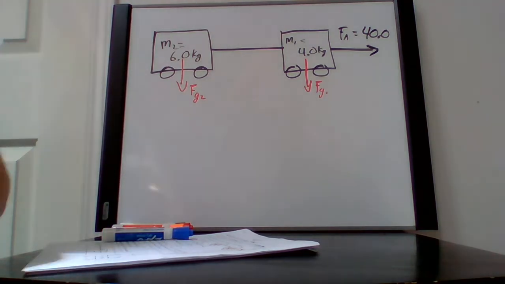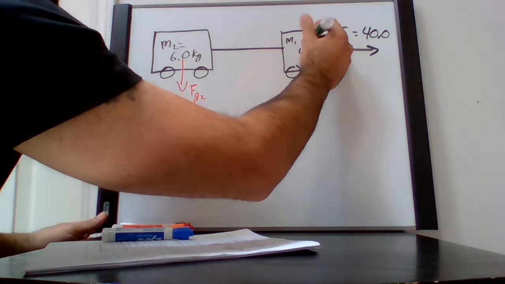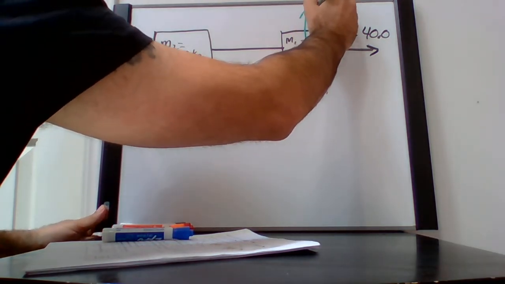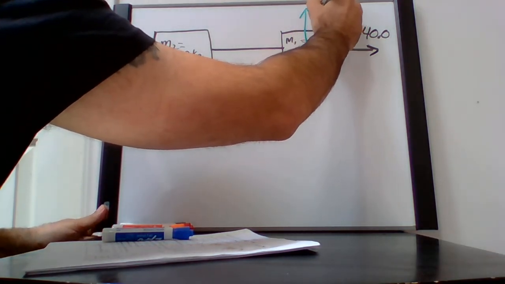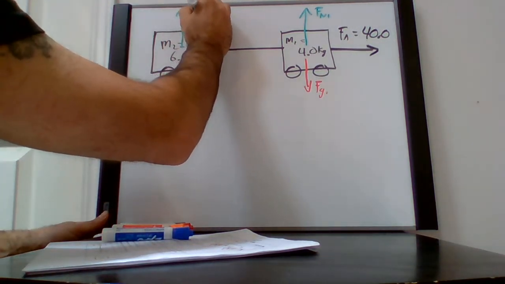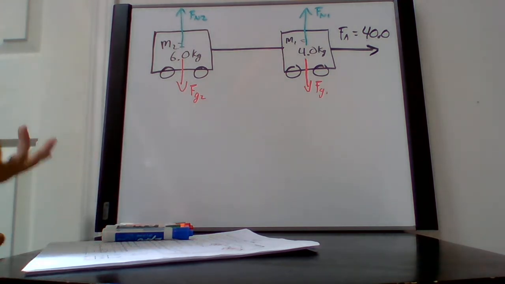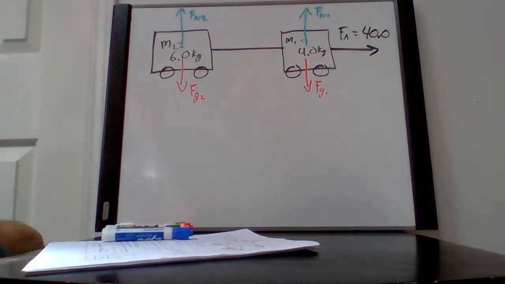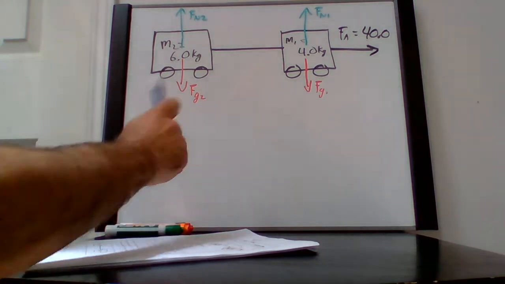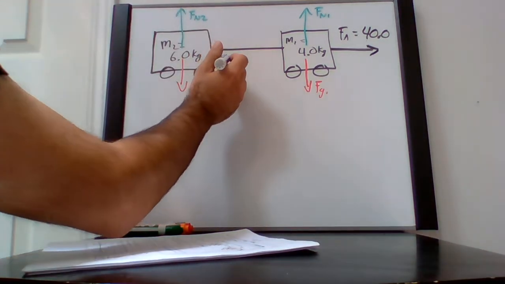Well, we're on a flat horizontal surface, so if I've got my gravity pulling it down here, I also have my normal force, my Fn1, up here, and similarly over here I have my Fn2. We're ignoring friction in this, we're saying frictionless, otherwise friction would be pulling in this direction. But we're now talking about tension, we've got to draw that in here, okay?